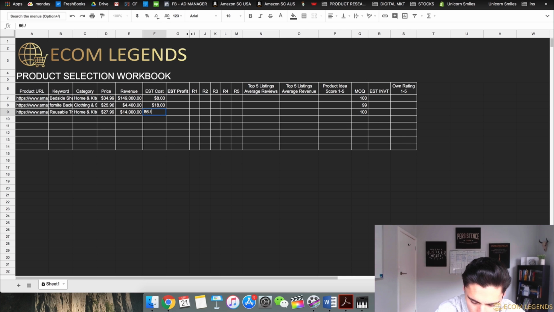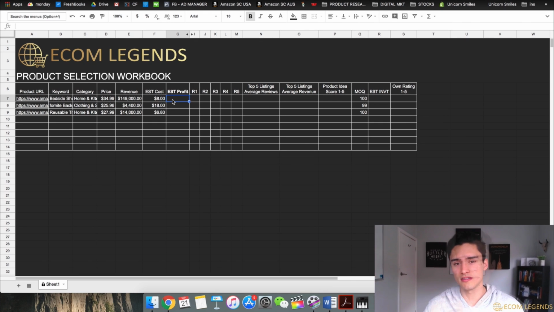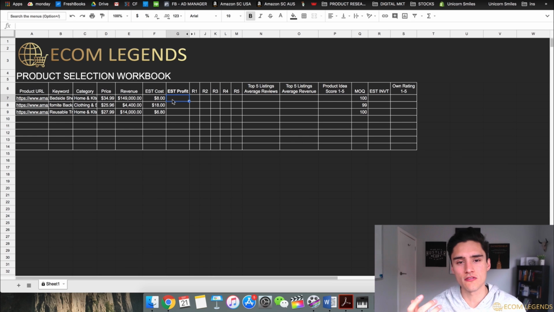All right, guys, so quickly. Now that we have the estimated cost and we know how much they're selling for, what's our actual profit? What's our estimated profit? In order to do that, I'm sure you can figure this out, but we just need to get the price and then minus the cost, and you will be able to get this.